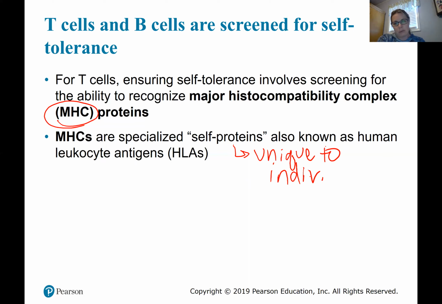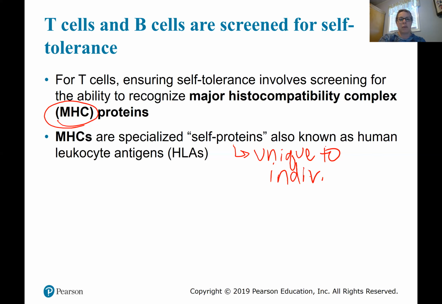I'm not going to make you remember which one does which, but I wanted to point this out because it is these proteins that they look for when you do a tissue match or you're looking for a match for an organ donor. Okay, if these MHC proteins between the recipient and the donor don't match, the recipient's immune system, cytotoxic T cells, will start killing that donated organ.